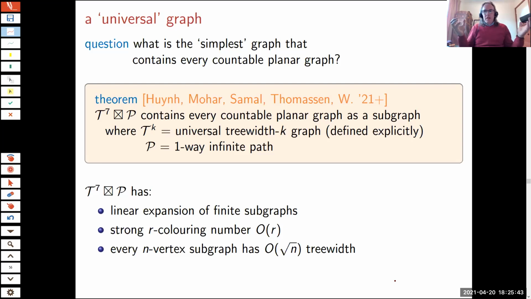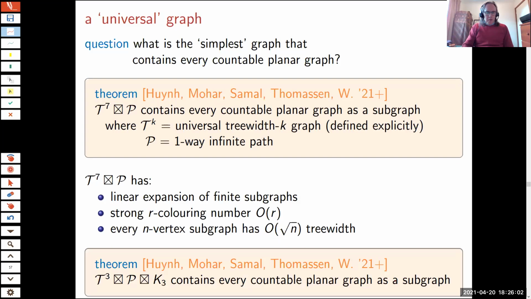Planar graphs have root n size balanced separators, while every n-vertex subgraph of this T7 times P has a balanced root n size separator. So that's a very important property that any universal graph should have, and it does. Okay, and in fact, we get another universal graph where we can drop the tree width down to 3. We get T3 times P times K3.